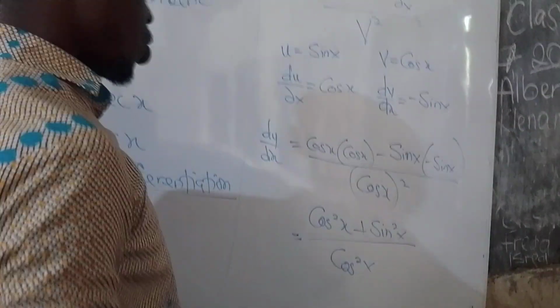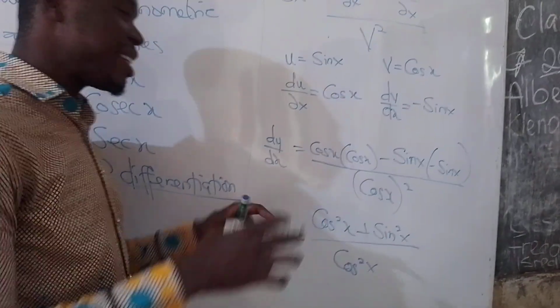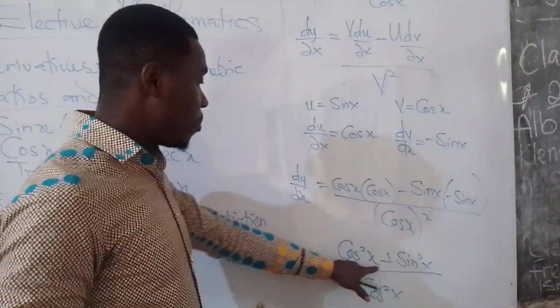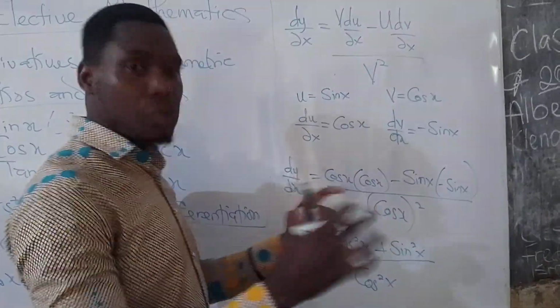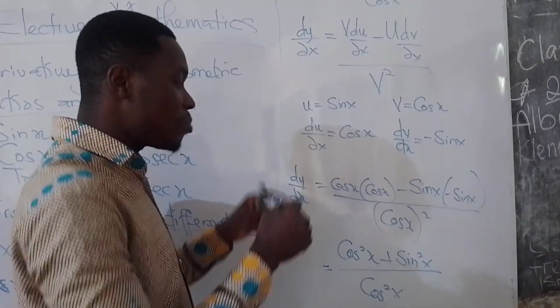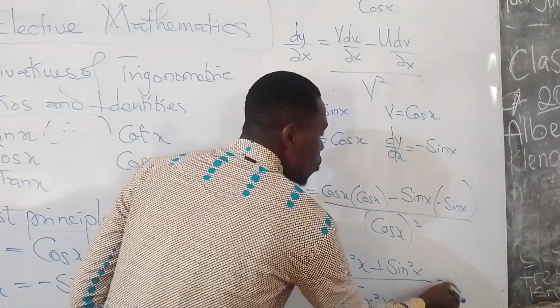Then what do we do now? We know there is an identity that says cos squared x plus sine squared x is equal to 1. So what do we have here?